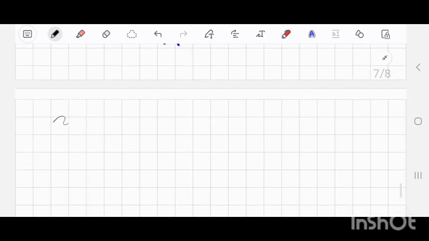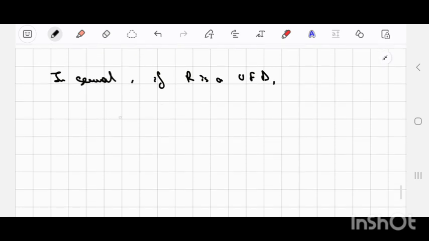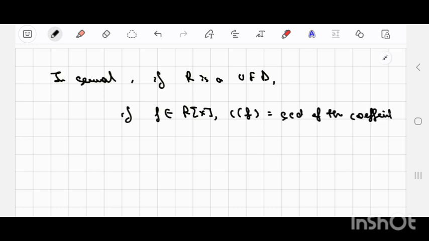So in general, if R is, let's say, a UFD, because we want the GCDs to exist, let's just take it for a UFD, with uniqueness of GCD up to units. If f is in R[x], we usually define the content to be the GCD of the coefficients of f.